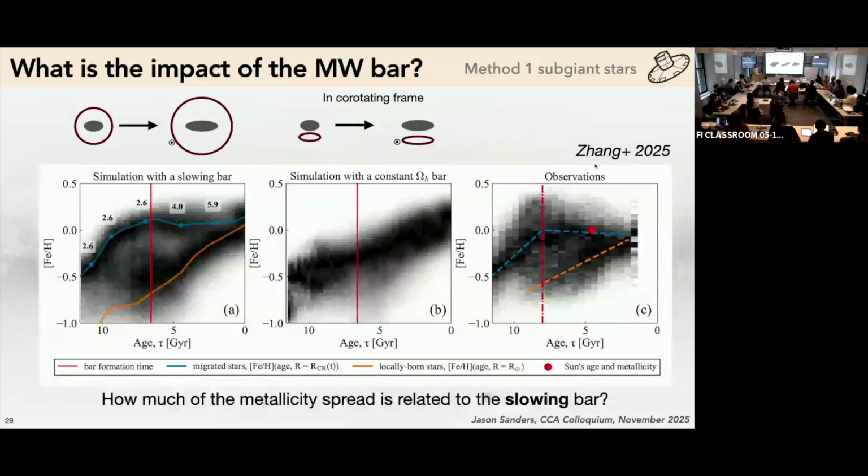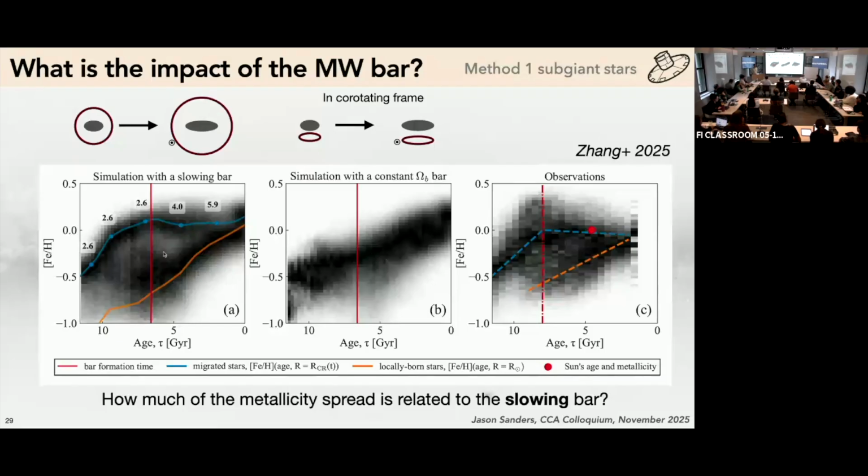So this was hypothesized by Hanyuan Zhang, a PhD student in Cambridge, who suggested that maybe the reason we're seeing this kind of behavior is because of the slowing bar in the Milky Way. So here on the right, these are the observations, the two sequences. This is just the Zhang and Rix data I showed previously, but flipped and in a different color. The middle panel is a simulation with a constant pattern speed bar, and you get this metallicity versus age sequence in the solar neighborhood.